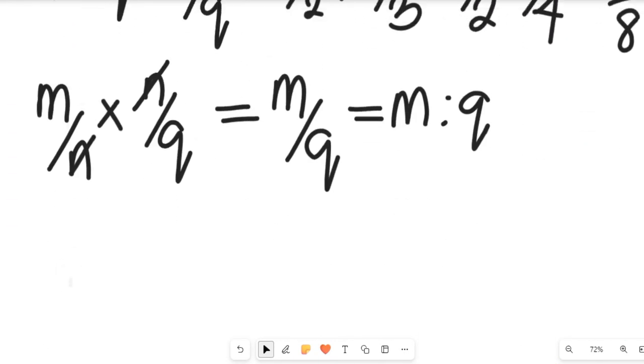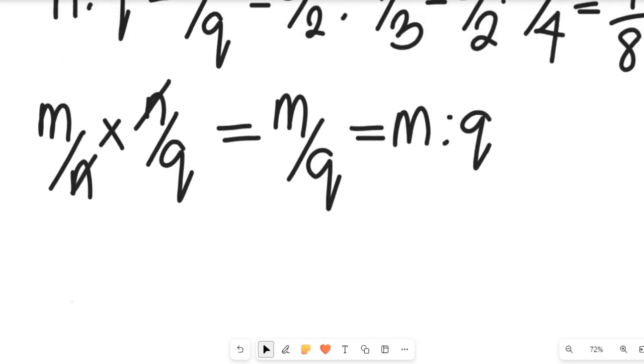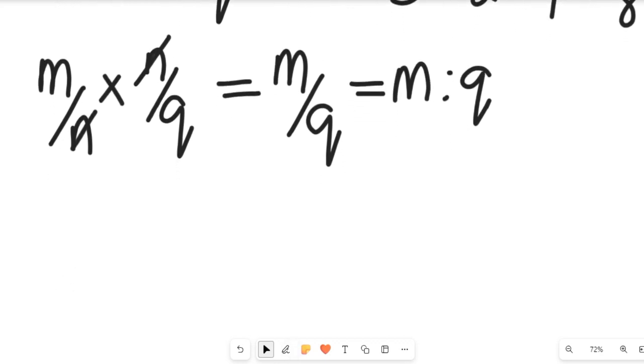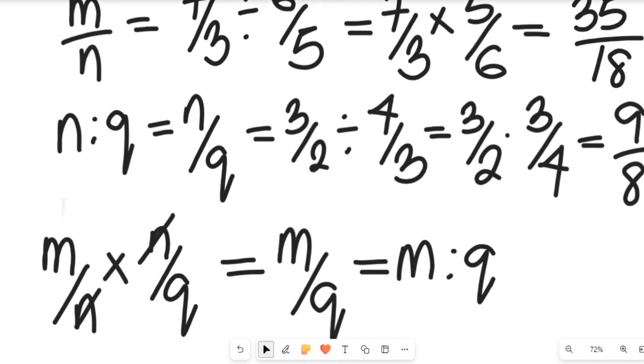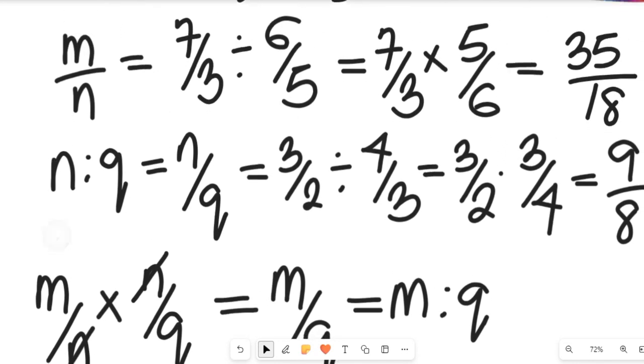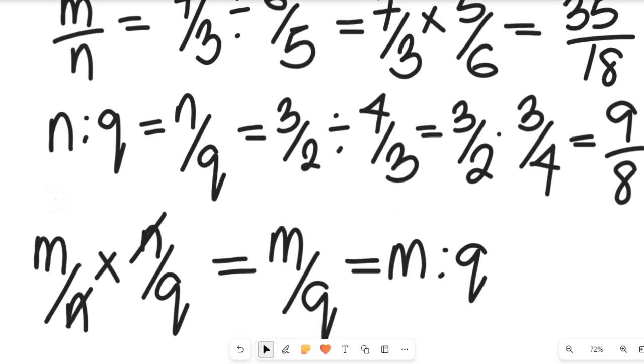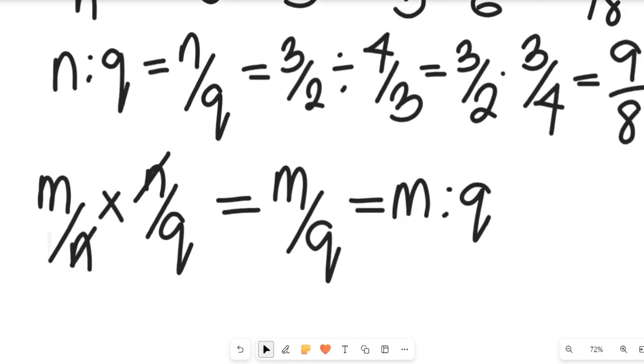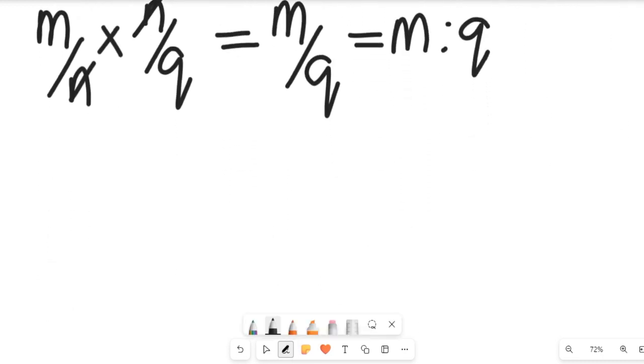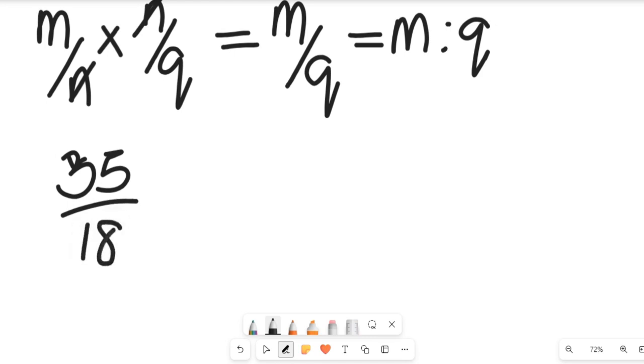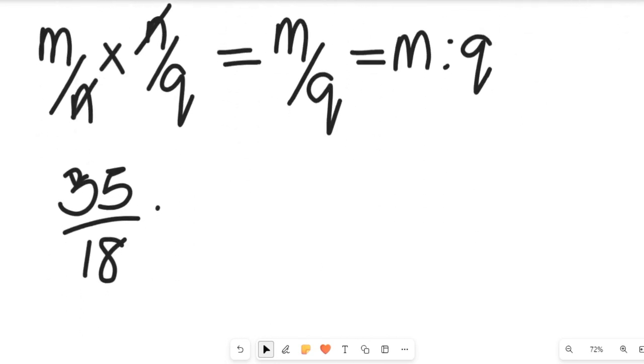We are asked to look for the value of q ratio m. So when we look at those two things properly, we now look at how we multiply these. m ratio n is now 35 divided by 18, and n ratio q is now 9 divided by 8. So we are going to have 35 divided by 18 multiplied by 9 divided by 8.